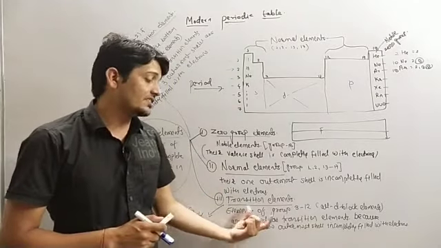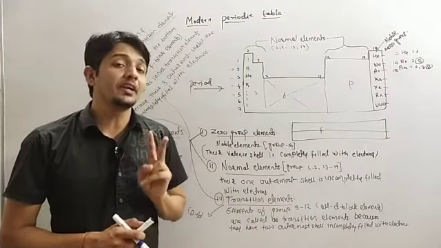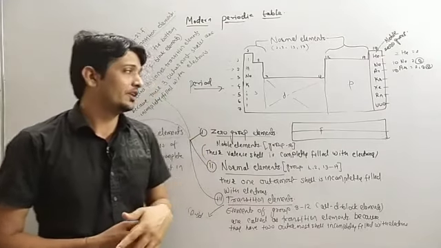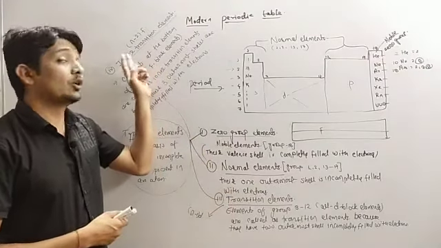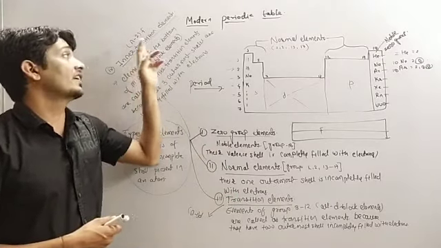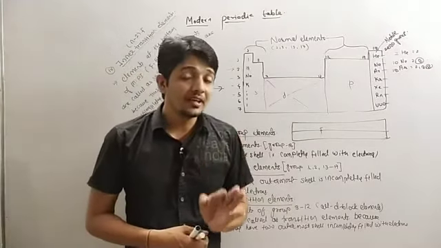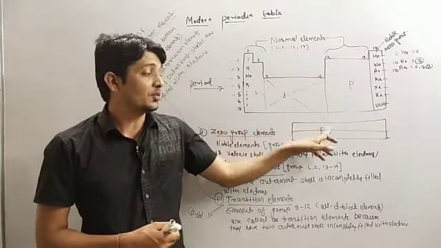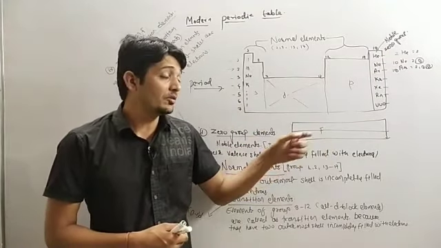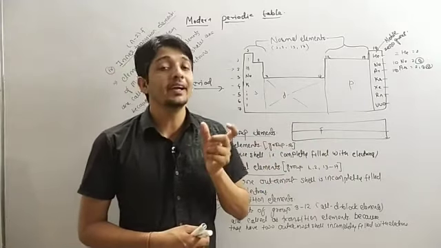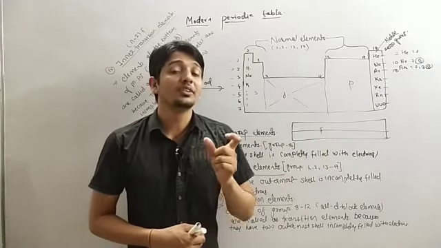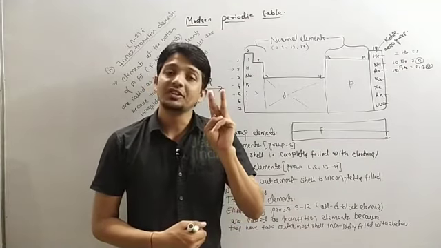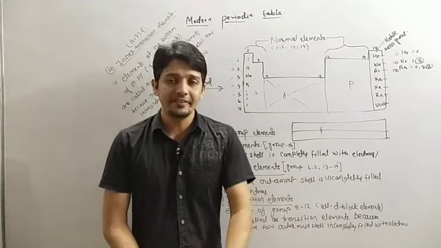Then we have transition elements, they have two incompletely filled outermost shells. And last but not the least, we have inner transition elements. The elements of F block, all the elements at the bottom of the modern periodic table, that means the lanthanoids and actinoids. They are called inner transition elements because their outermost three shells are incompletely filled with electrons.